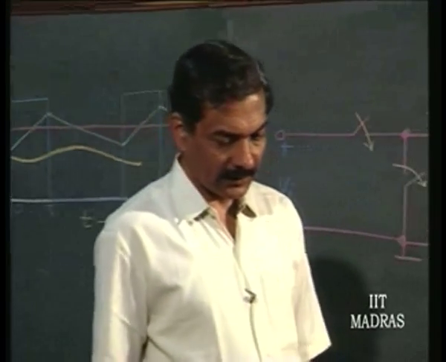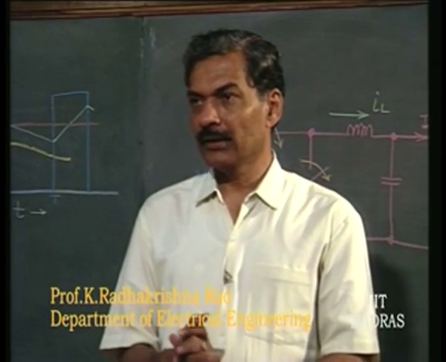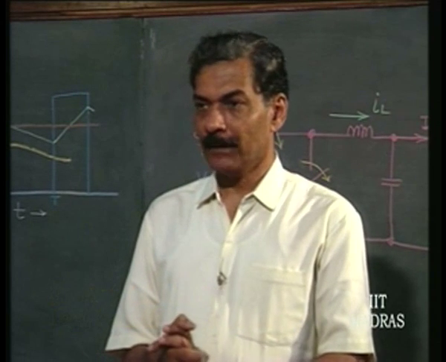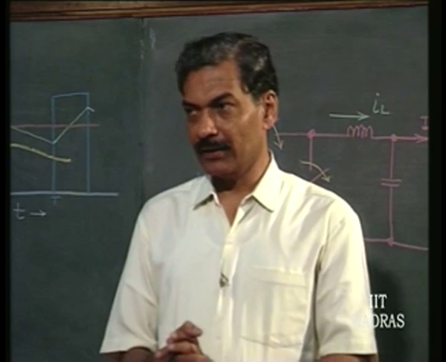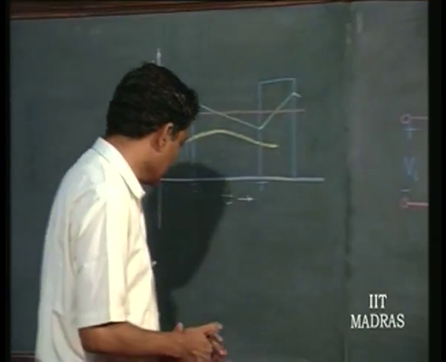Last class we were discussing the switched mode regulator. We started discussing and we understood about the converter, the DC to DC converter. This converter by nature, you can see what it is.